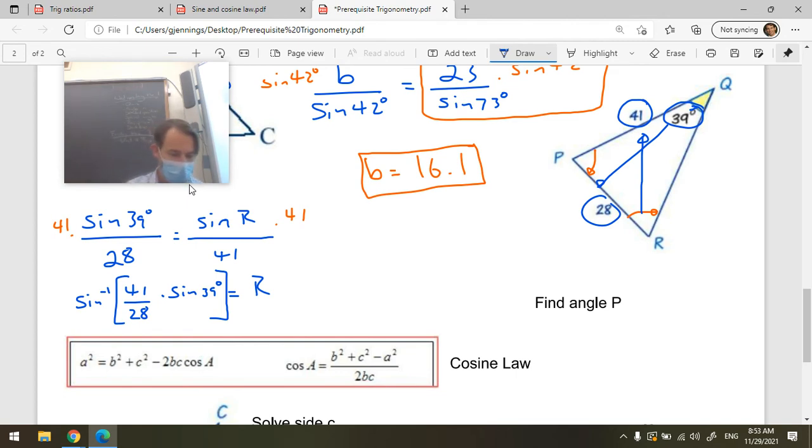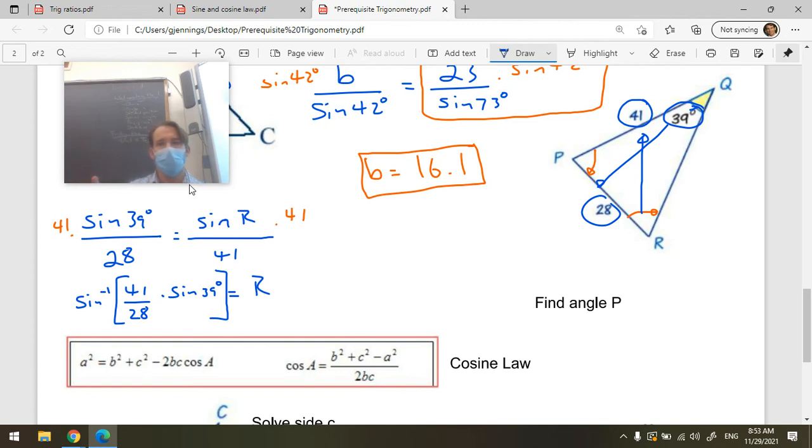Then I do 41 divided by 28, and then I multiply that by sine 39. Finish my brackets, push enter. And then I get an answer of 67 degrees.